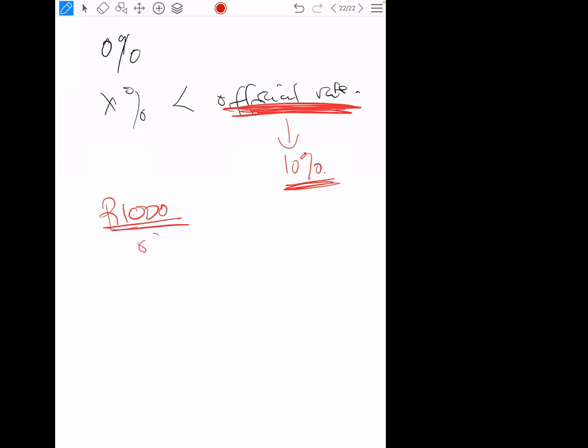Now, just after chapter 2 there, they say the difference. So the difference between the interest calculated at 10% and the interest calculated at 0% is deemed to be what?